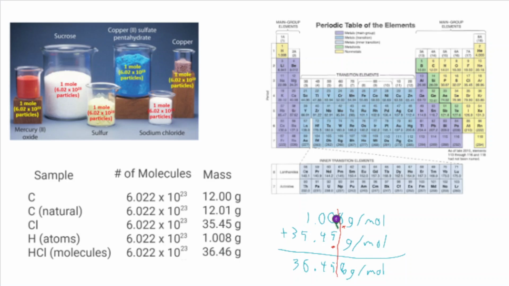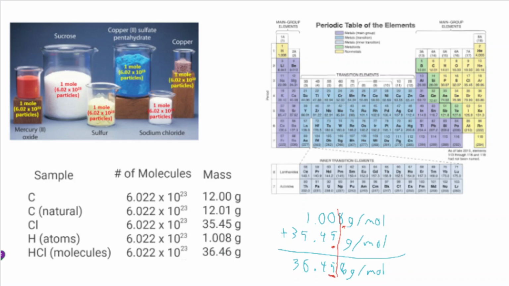So in this case, we're only good down to the hundredths decimal place. So when we add everything up together, we're going to be limited to this 5 right here. And since this 8 is greater than 5, we're going to round up to have 36.46 grams. Alright, so that's how we figure out our molar mass.